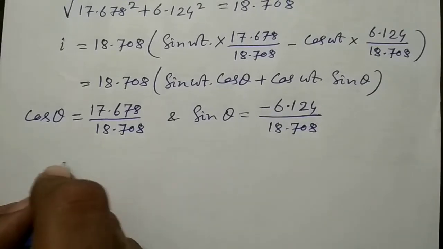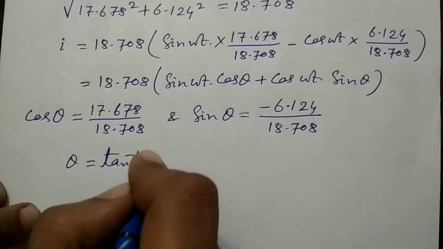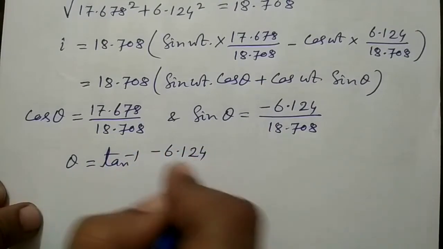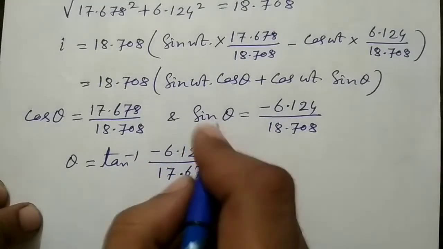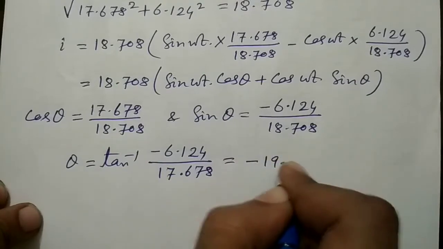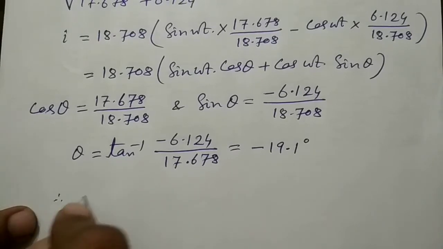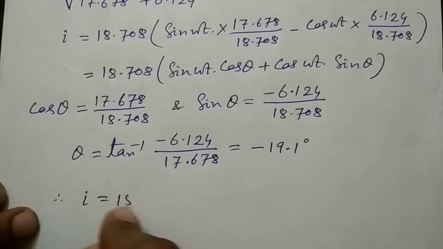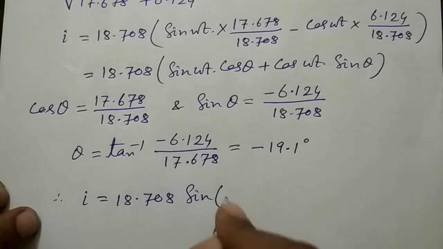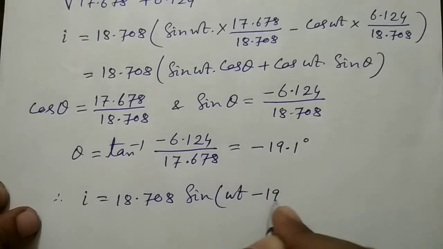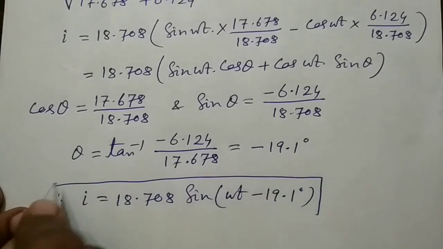The value of theta can be calculated as tan inverse of minus 6.124 upon 17.678, and it will be equal to minus 19.1 degrees. Therefore, the resultant current here will be 18.708 sin omega t minus 19.1 degrees. So this will be our resultant value.